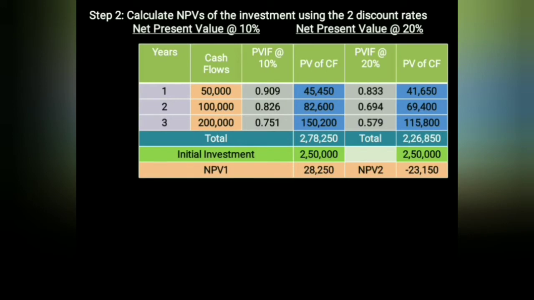Here we have a table for finding the first NPV and second NPV. They have given us 3 years, 1, 2, 3, and the cash flows 50,000, 1 lakh, 2 lakhs. At the rate of 10%, the present value interest factor for the first year is 0.909, for the second year 0.826, and for the third year 0.751.